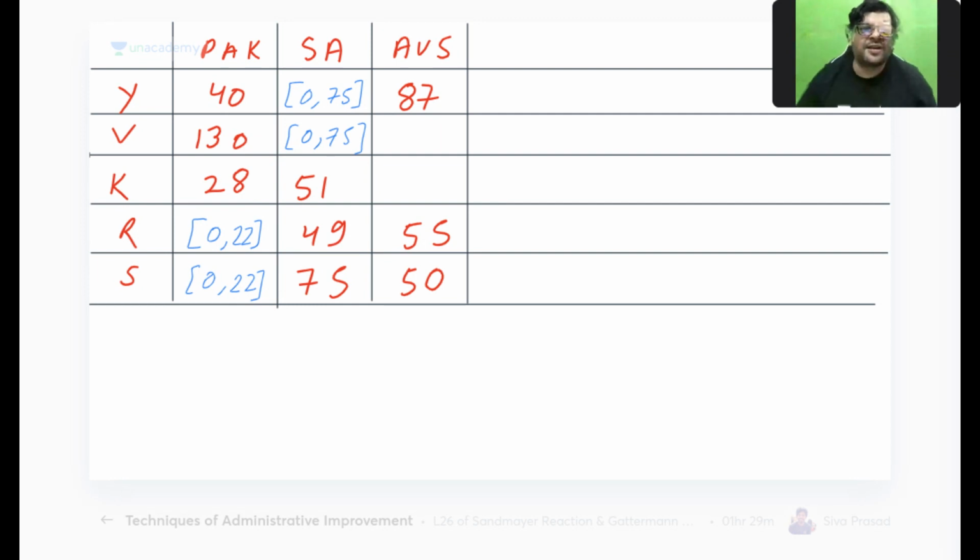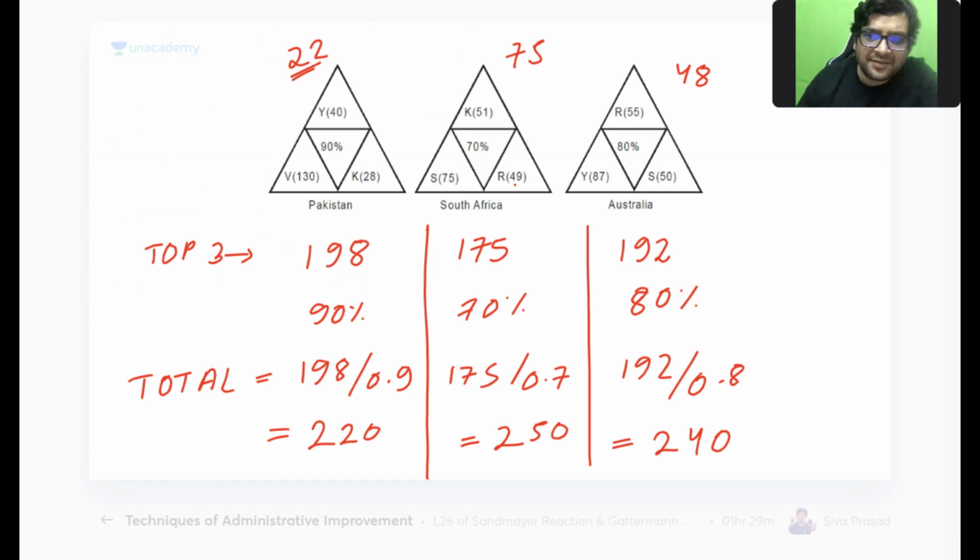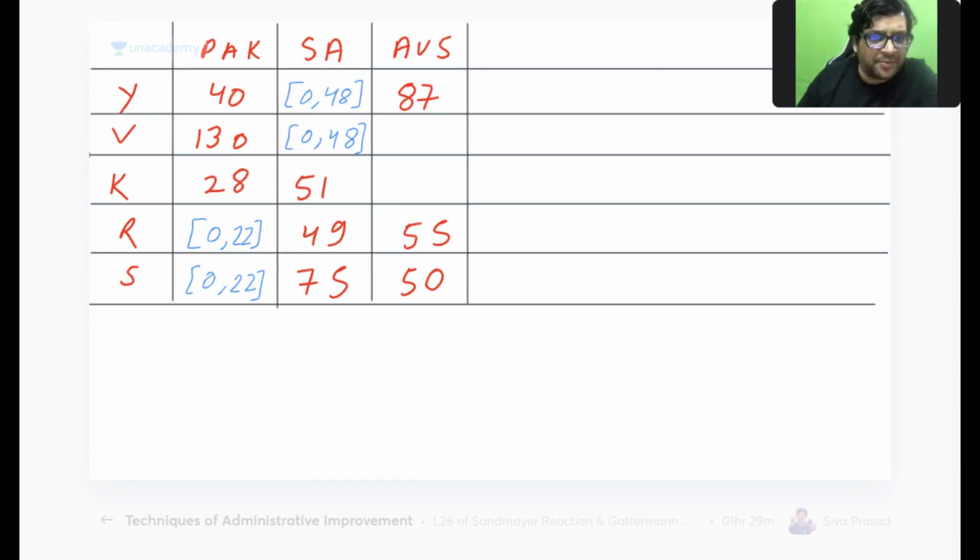The third highest scorer is 49. If this guy scored 75, then he would have been in the top 3. But he is not in the top 3. That means he did not score 49 or more than 49. That means both of them scored between 0 and 48. Very similarly, for Australia, again, anything till 48 is possible. So 0 till 48 and 0 till 48.